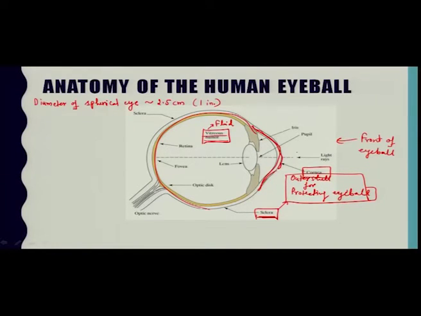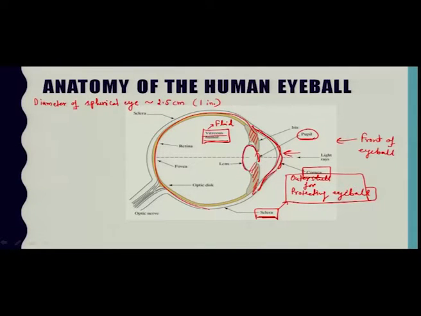Light rays forming an image enter the eyeball through the cornea. Light passes through the pupil. This is the pupil, which is a contractible aperture in the iris. The pupil regulates the amount of light passing into the lens.